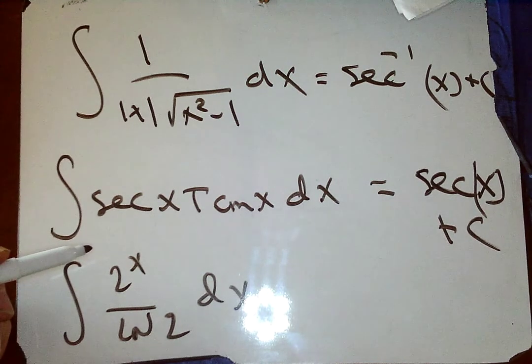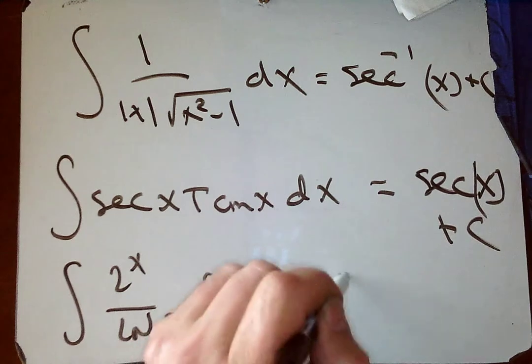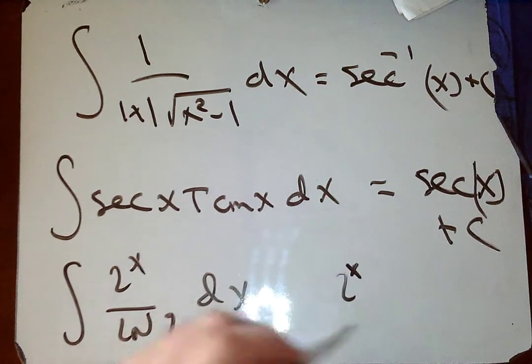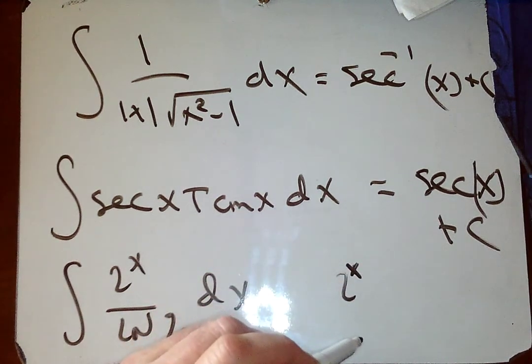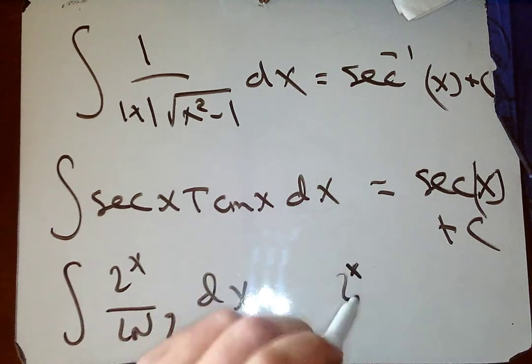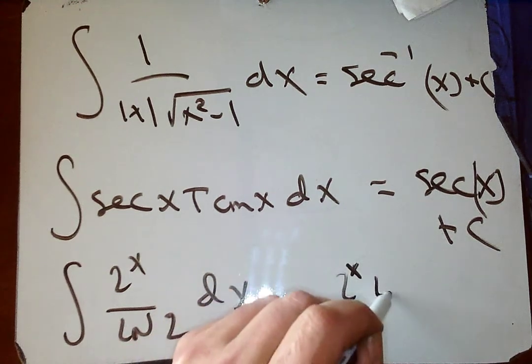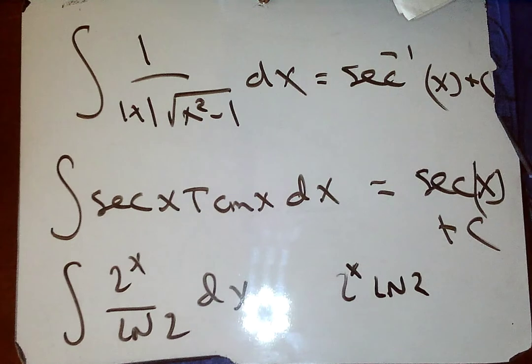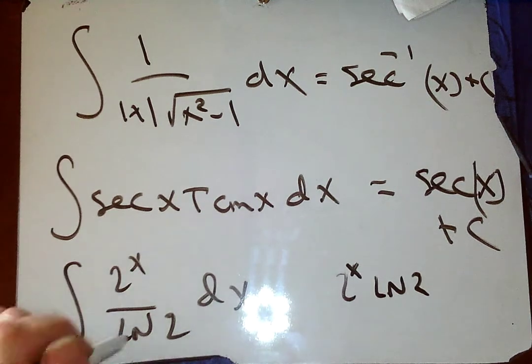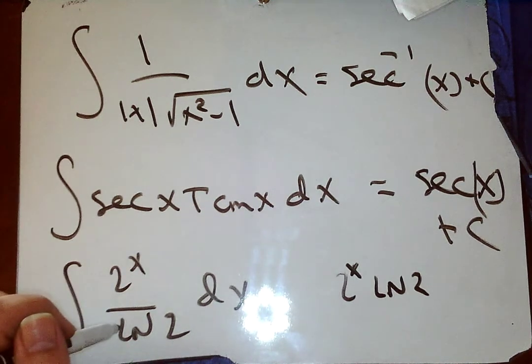Yeah, so how did you think about it? Let's think about just 2 to the x. What's 2 to the x's antiderivative? Well, remember, if I take the derivative of 2 to the x, I get 2 to the x ln 2. Well, I don't have that there. I've got an ln of 2, but it's in the wrong place.